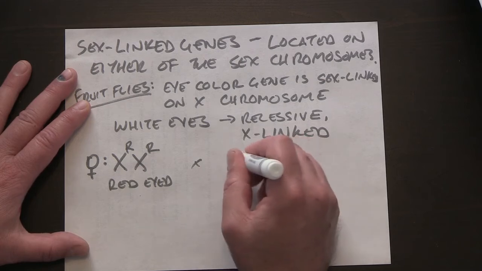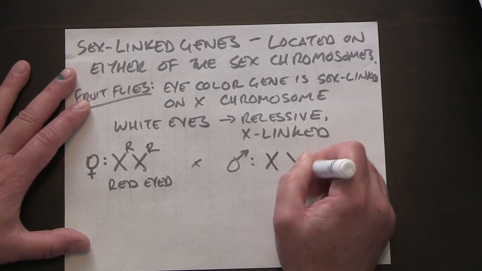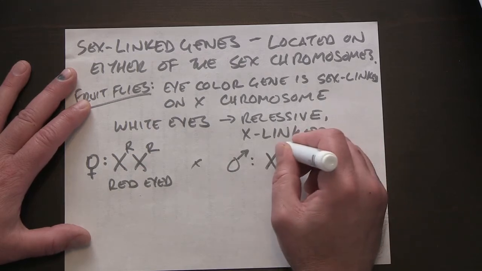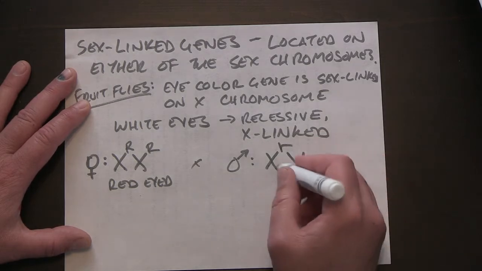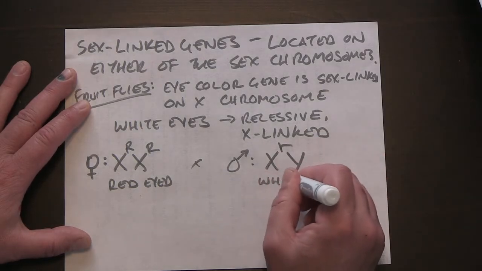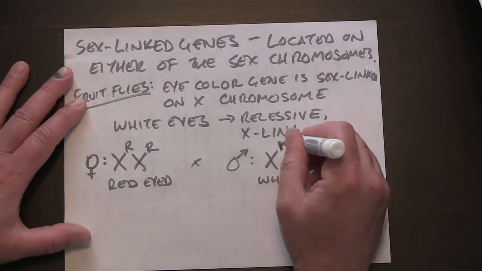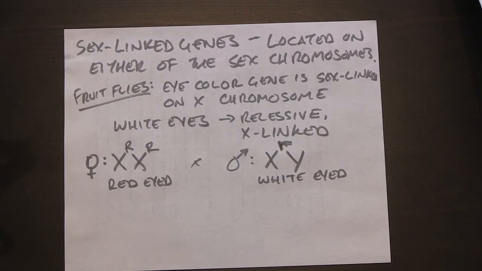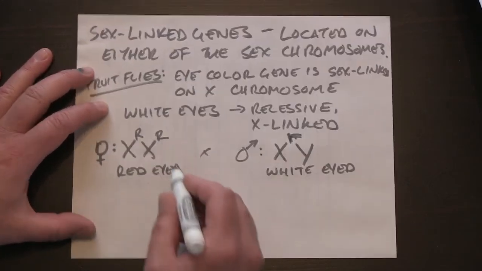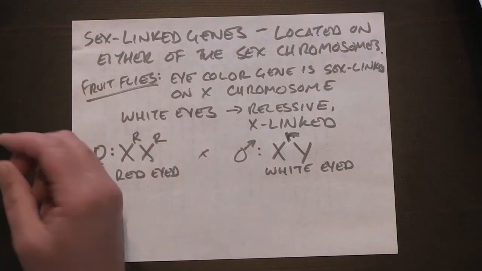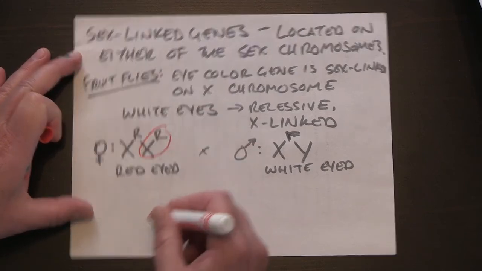And let's say a male, so it is XY. And if it has the little r, and obviously the Y doesn't have the gene at all, it's going to be white-eyed. But it needs to have a little r.